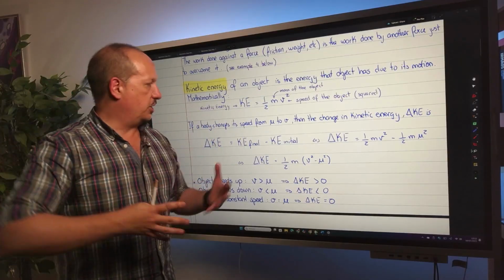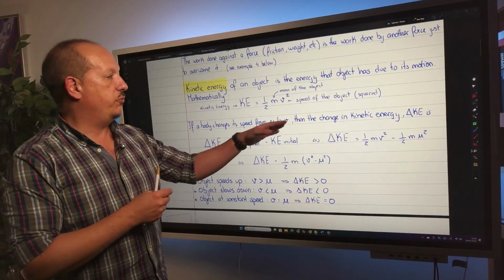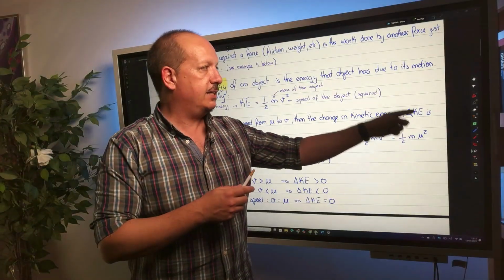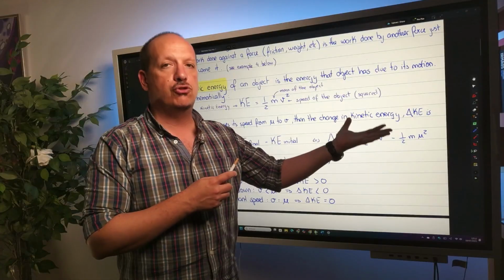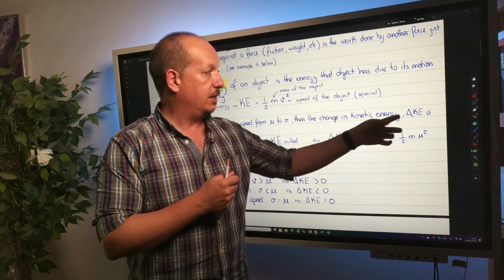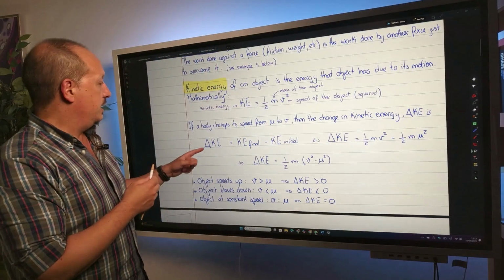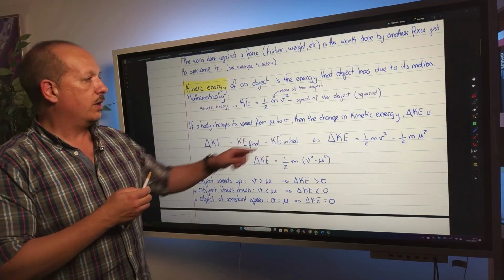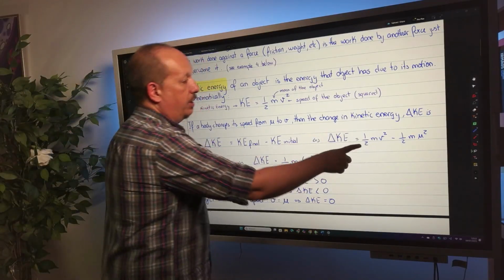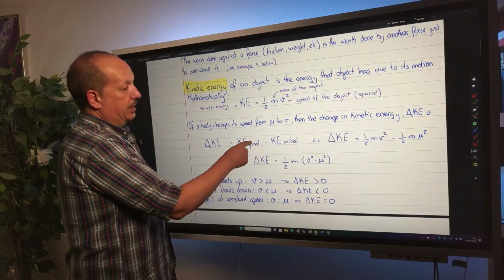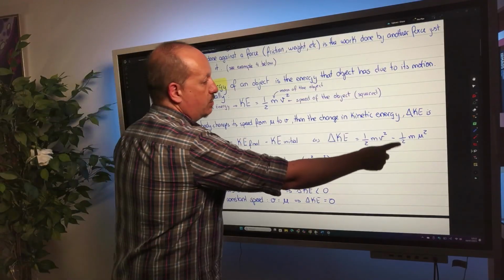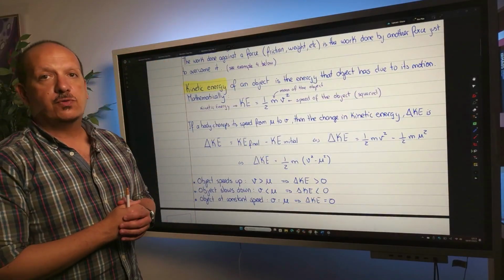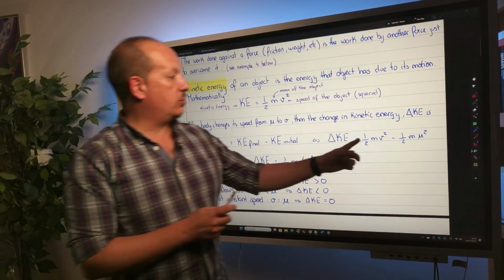If an object changes its speed from u to v, then the change in the kinetic energy, given by delta KE, delta is the Greek letter that is usually representing a change of something, in this case change of kinetic energy, is given by the final kinetic energy minus the initial kinetic energy, which is basically 1/2 m v squared, for final we use v, minus 1/2 m u squared. u is a symbol that we use for the initial speed.